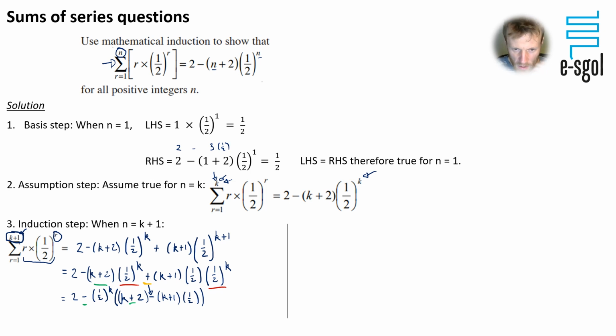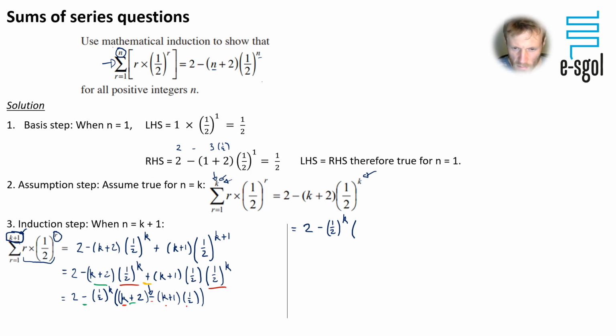I'm going to continue just over here. You should probably continue down the page, but I don't have space. So 2 minus 1/2 to the power of k. And then let's think about what's going to happen here. So dealing with the k's, I've got a k minus half a k.